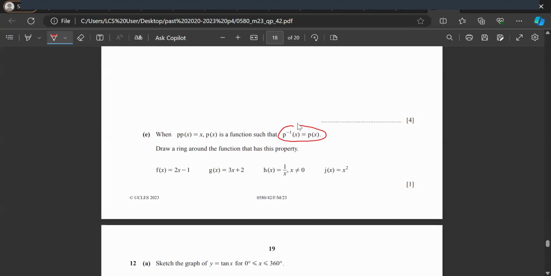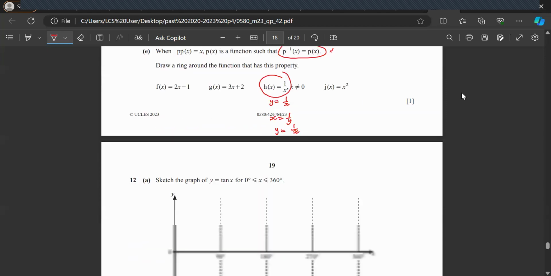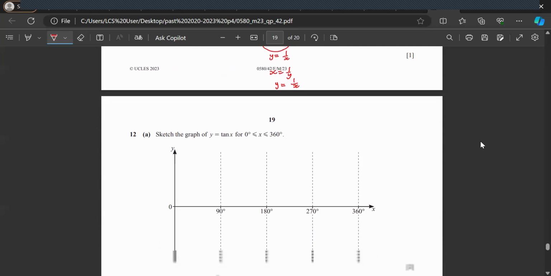If you tried all of them, you will find this one. You see why? Because y equals 1 over x. When you flip it, it will be x equals 1 over y. Then get y alone, it will go back to y equals 1 over x. So it will be this. Did you get the meaning of this step? That if you get the inverse, it will be the same as the question itself.